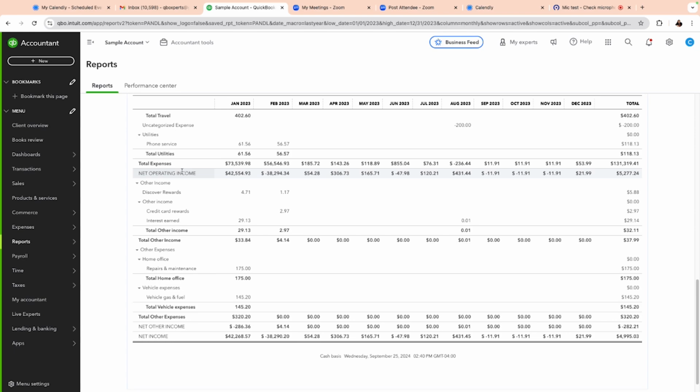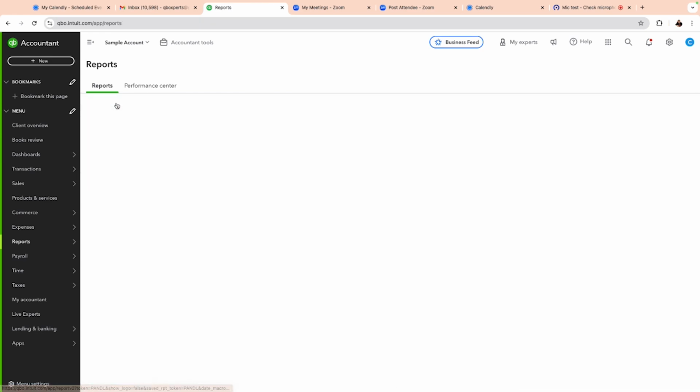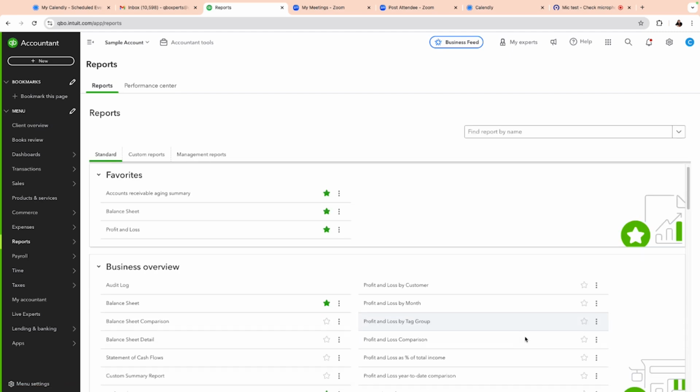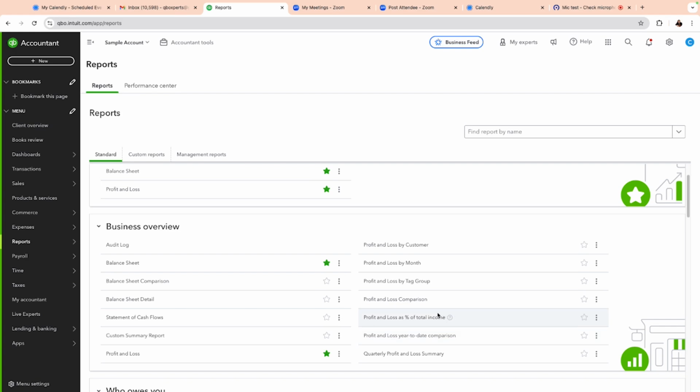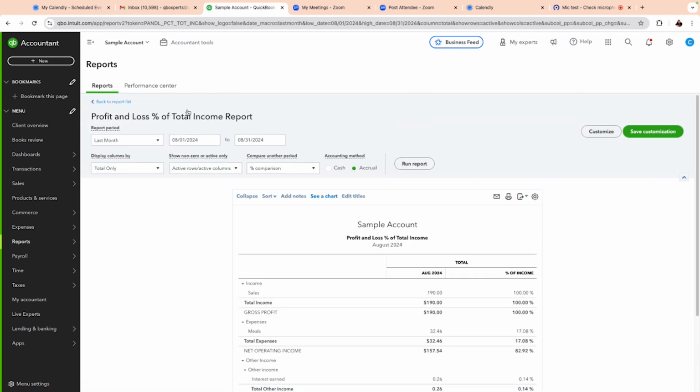Now, another thing that I would like to show you is the profit and loss by percentage of total income. That is a very useful report, and it's going to help you understand your financials and compare them to other companies in the same industry.